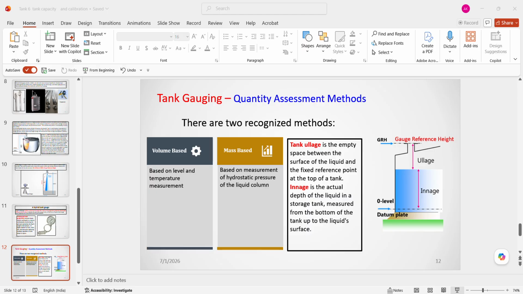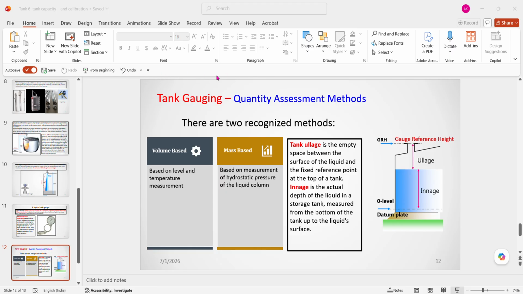So before discussing in detail this tank capacity and how much fluid is actually there, we have to know some glossary terms used for tank capacity. Here the picture depicts the tank. This is the top of the shell, the design liquid level, the dotted line.